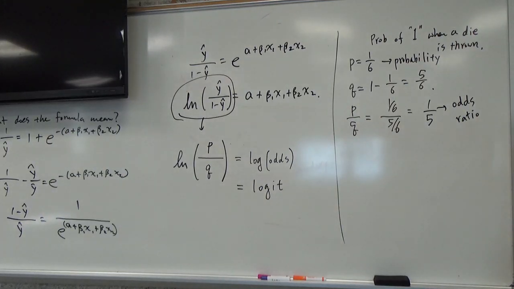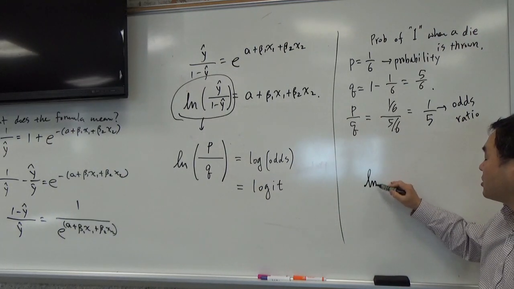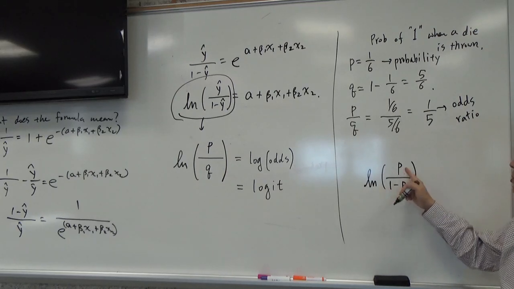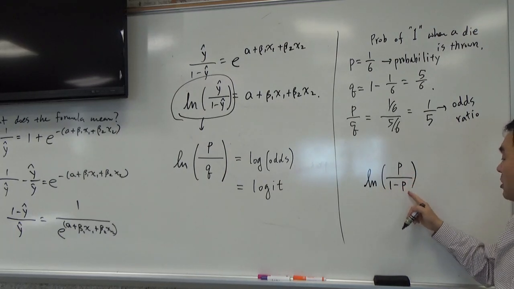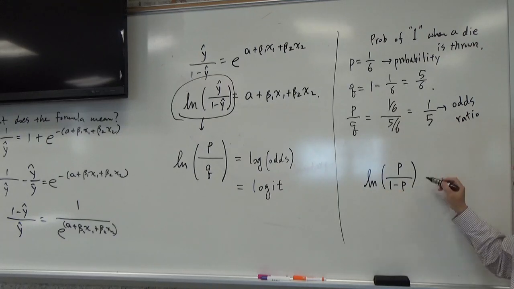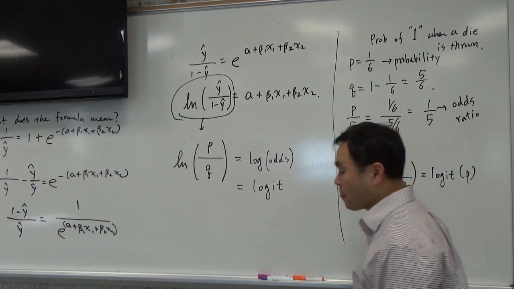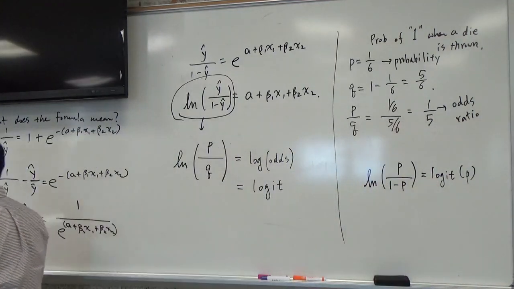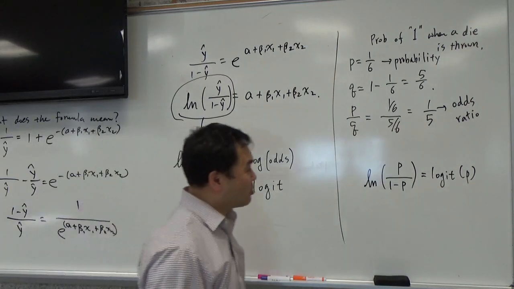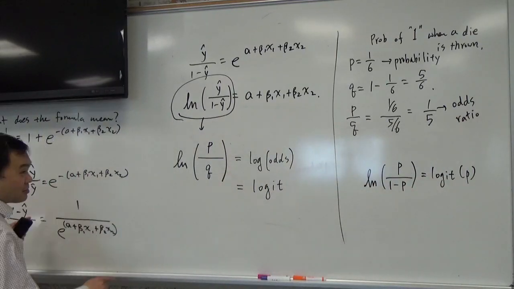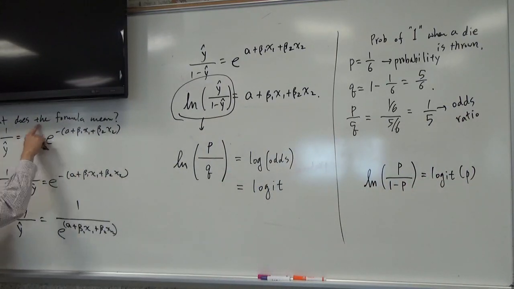So logit is, if you take a probability p, and you take the function p over 1 minus p and you take ln, that's called the logit function of p. Now, why would that be desirable? So that was my conclusion. What does the formula mean?